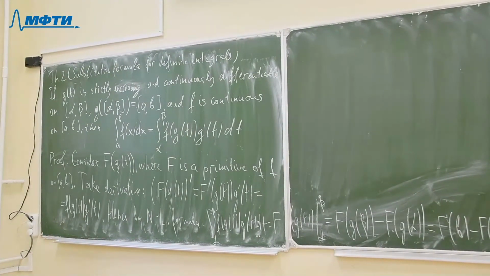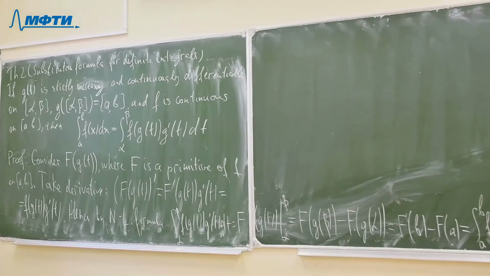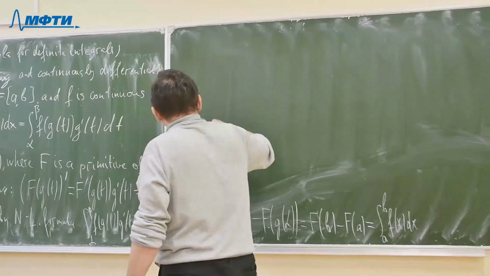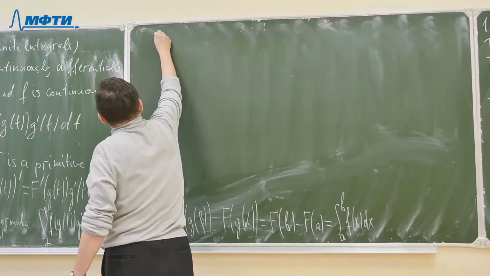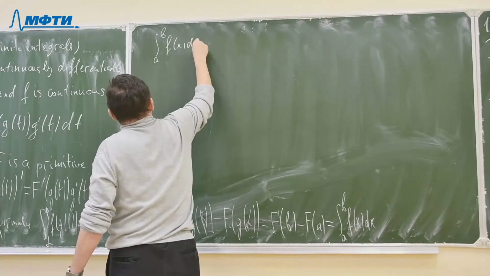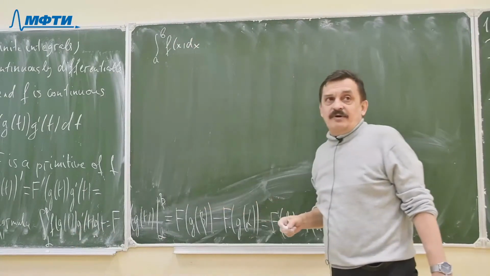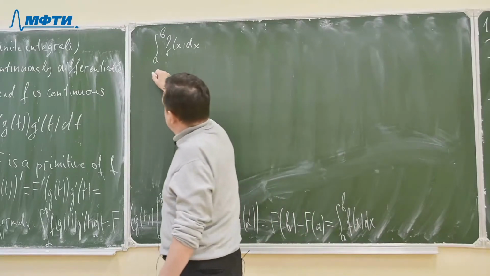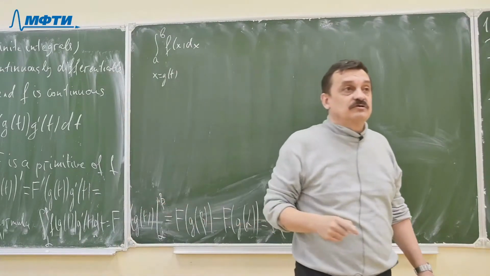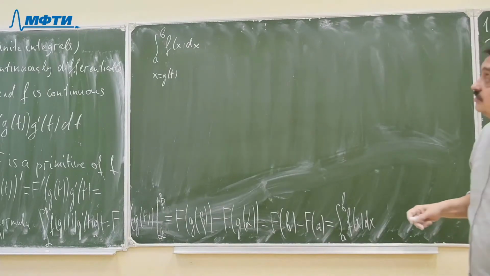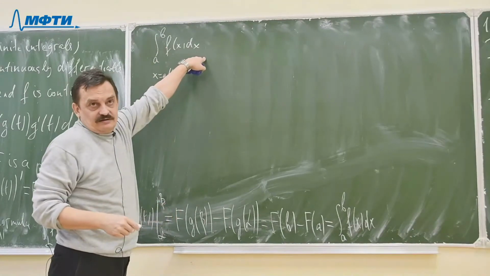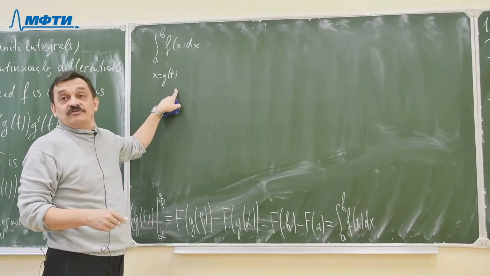Let me discuss a little bit this increasing or decreasing. What to do for decreasing function g? Look. So in practice, if we want to compute the integral of f(x) dx by the substitution x equals g of t, then we have to replace x everywhere as it was for indefinite integrals.